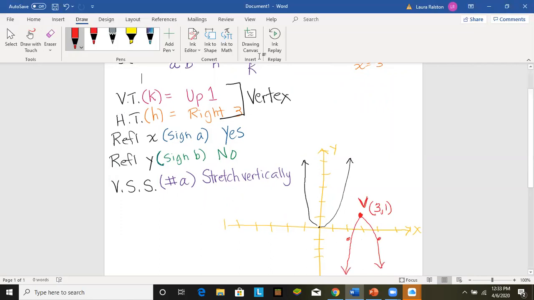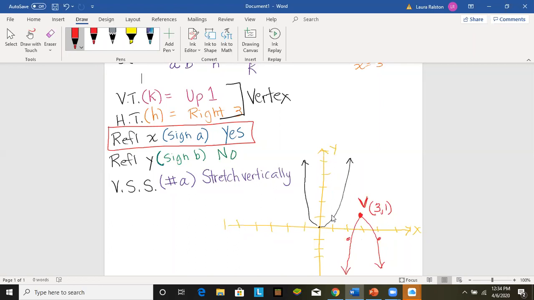Now, one of the things that they often ask about parabolas is the direction of the opening. In other words, they want to know, is your parabola turned upwards or is it turned downward? Which really, quite honestly, goes back to whether or not you have a reflection on X. Okay, so they're really asking you questions in a different way, and you really already know the answer.